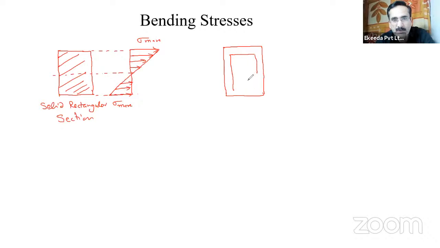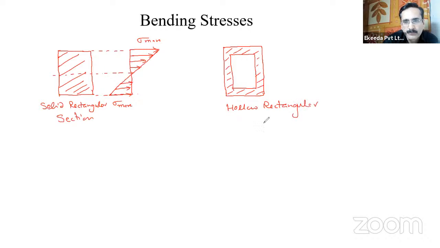In that case, what will be the diagram for the bending equation? For a hollow rectangular section, you will see the bending stress, because inside there is no material. In the hollow part there is no material, so no chances of bending stress in that part, right? So this will be a straight line.